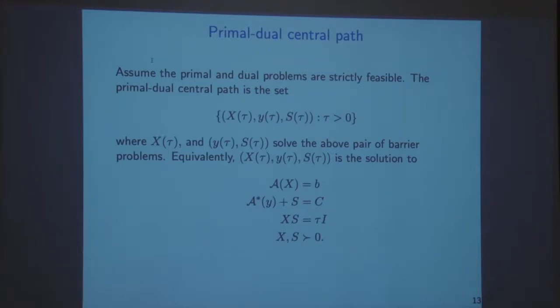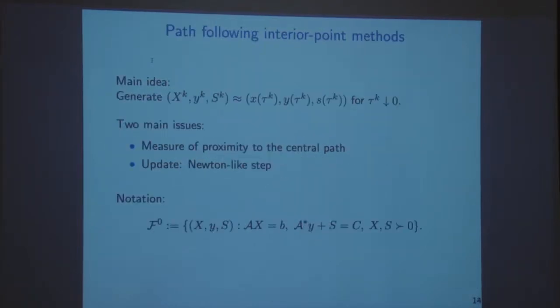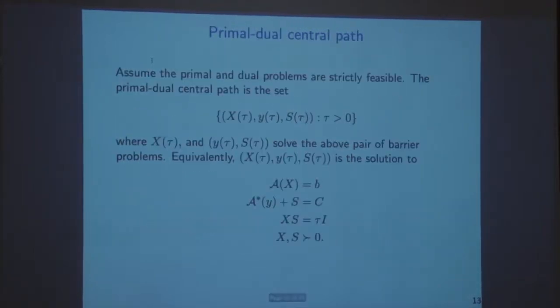So you can imagine now how the same machinery that we discussed on Monday would apply here. It's the same idea. Now, this is the central path, the set of solutions to those equations as tau goes to 0 for tau positive. And the idea would be to chase points that are on the central path as tau goes to 0.